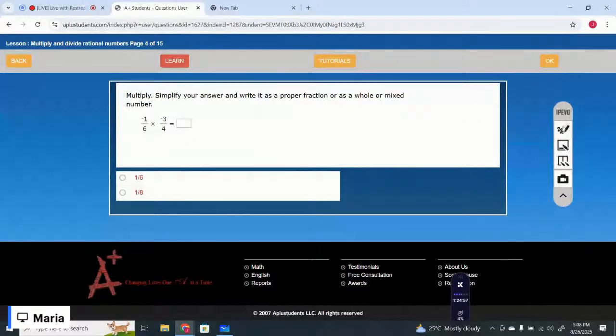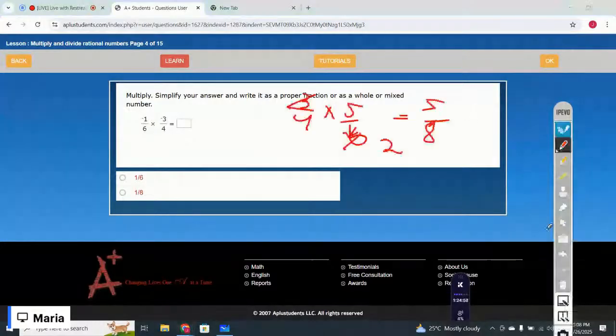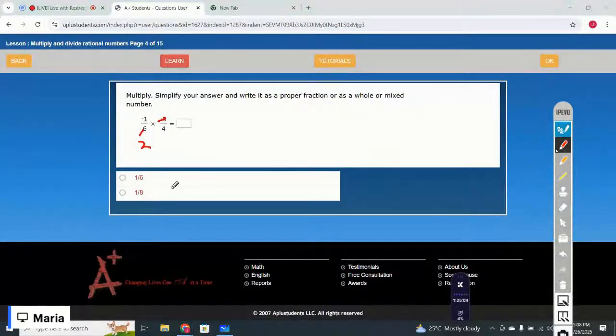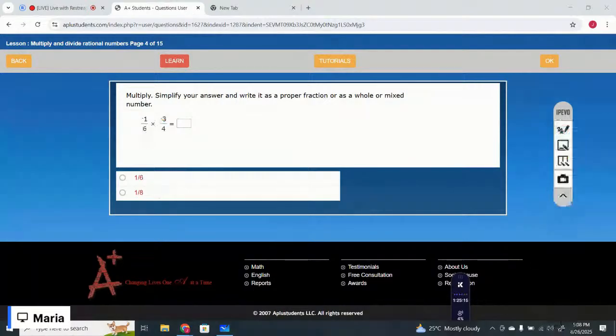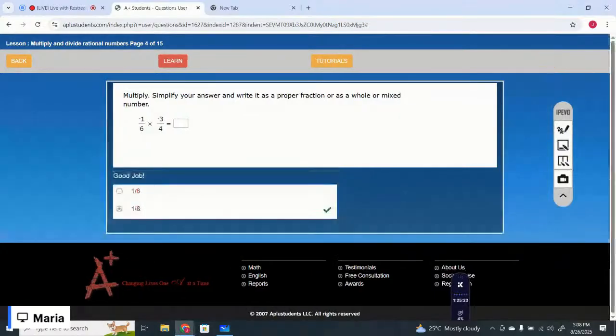Negative 1 by 6 times negative 3 over 4. 3 times 1 is 3, 4 times 6 is 24. Both the numbers are negative, so the answer is positive. That is 1 by 8. Option number 2 is the correct option.